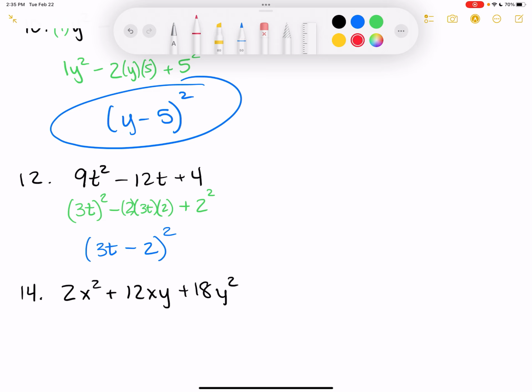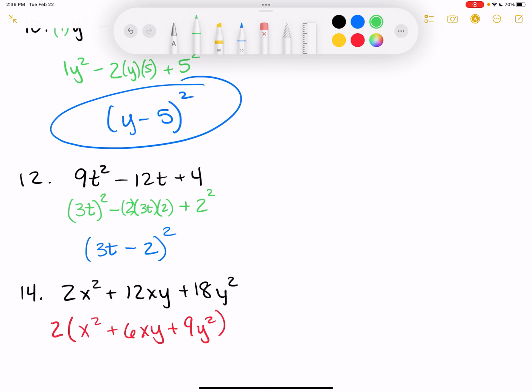If I take a 2 out, that leaves me with x squared plus 6xy plus 9y squared. Would we agree that my first and my last term are both perfect squares? Is x squared a perfect square? Is 9y squared a perfect square? What squared gives me 9? 3.